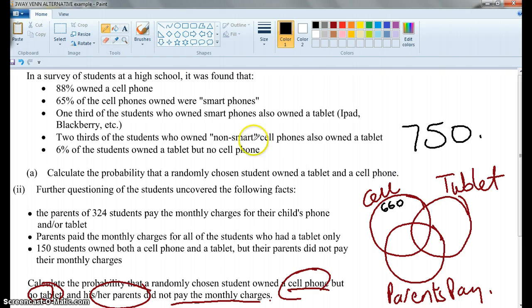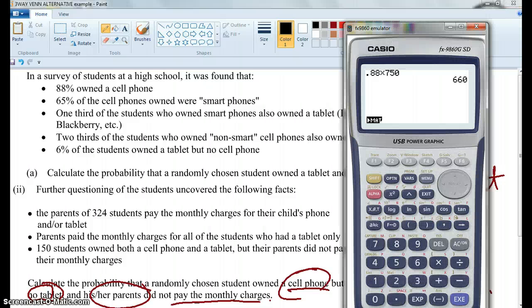And we can work out who had a tablet from our probability tree. So for that one, it's a little bit of a pain, if you get what I mean. We've got to go 0.88 has a cell times 0.65 has a smart times 1 divided by 3.